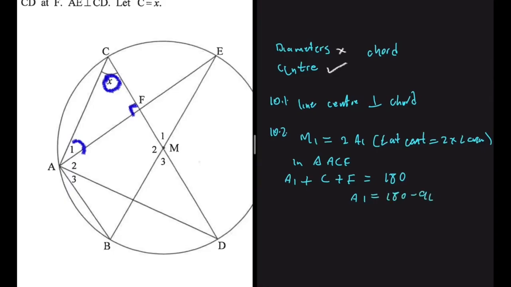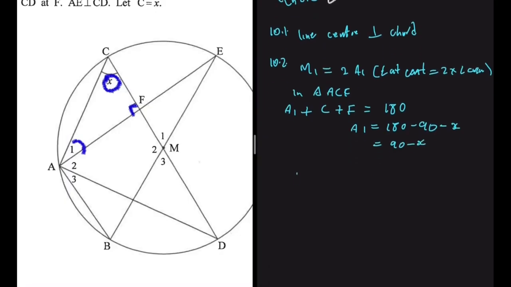So minus 90, and then C1 is X. So A1 is equal to 90 minus X. So M1 is equal to 2 multiplied by 90 minus X, and that should be equal to 180 minus 2X. So there we are. We have the size of M1 in terms of X.